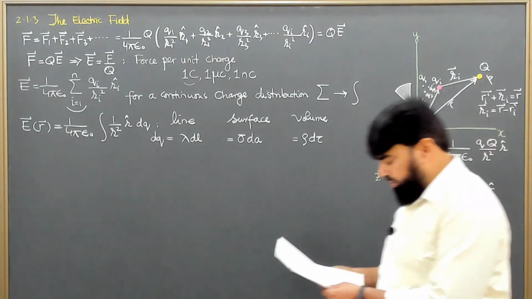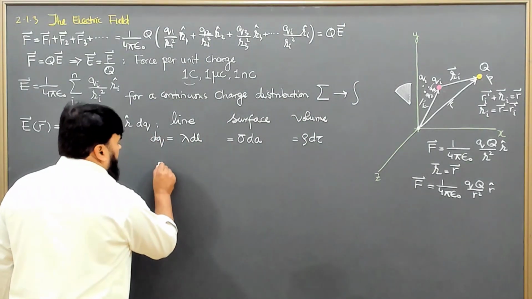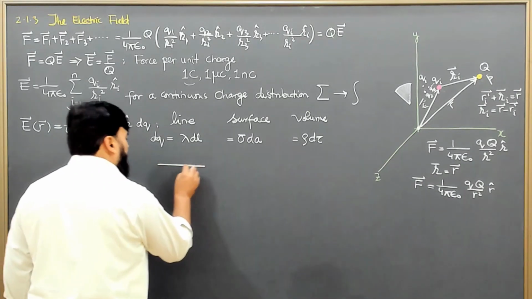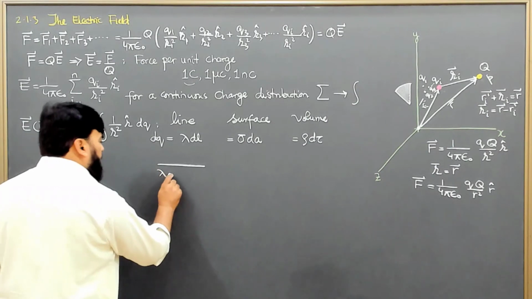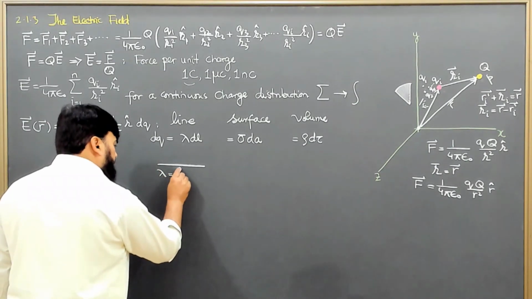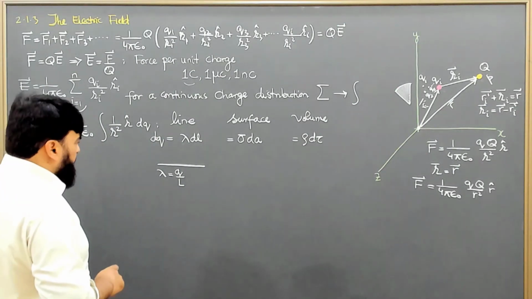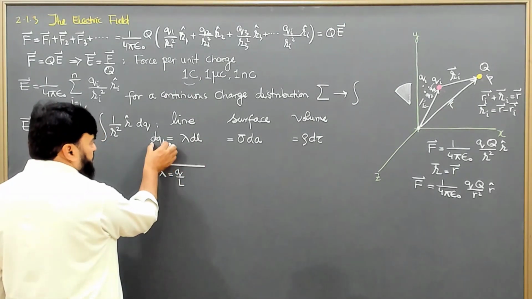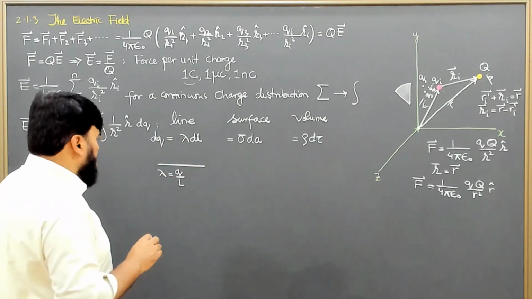For example, in this situation we have a line distribution with charges on a line, and this line has a charge per unit length equal to lambda. Then we will integrate this one. When it comes to dq, it becomes lambda dl, the fractional length here.